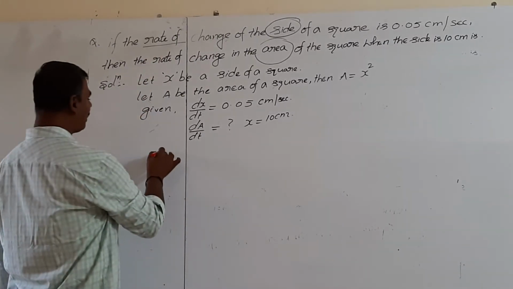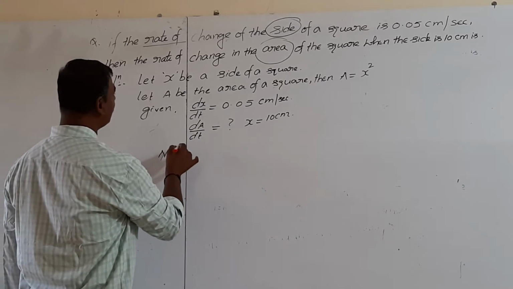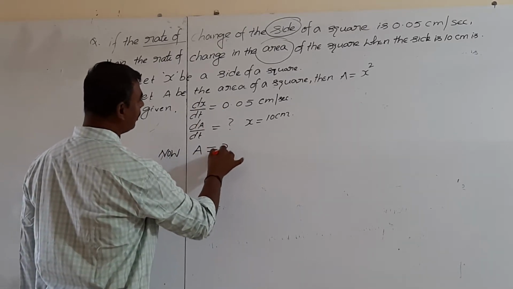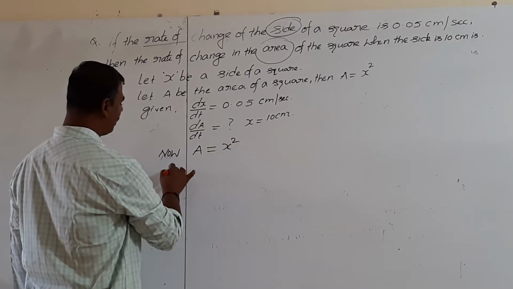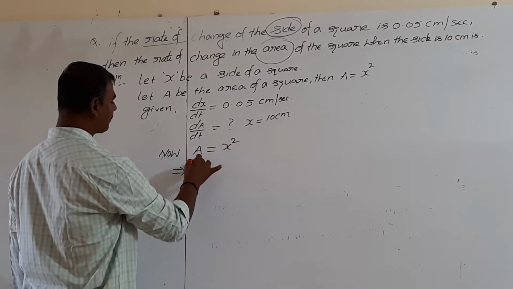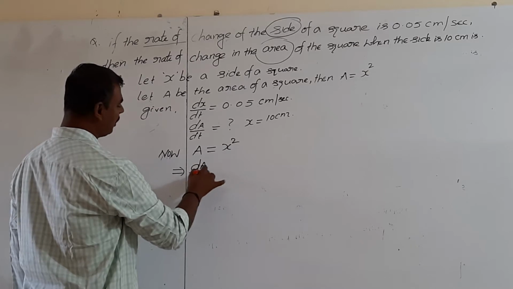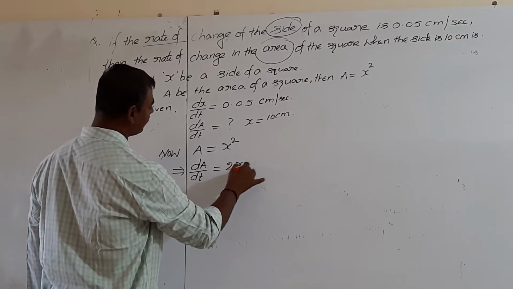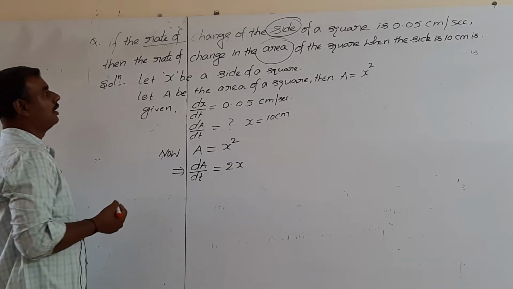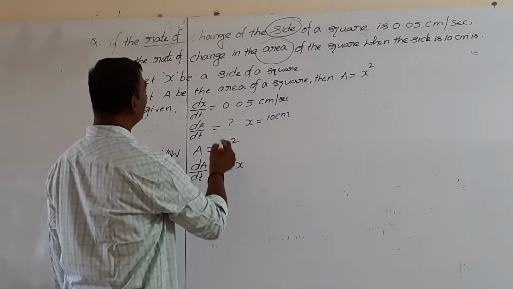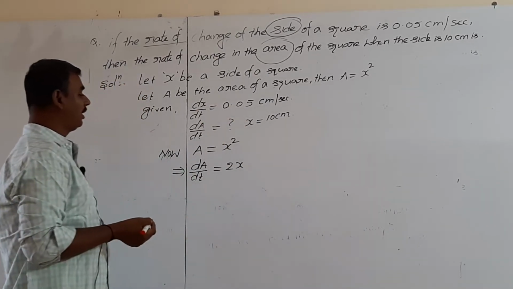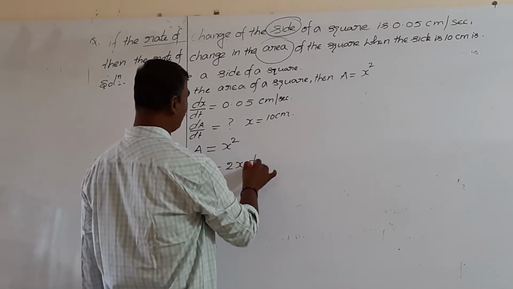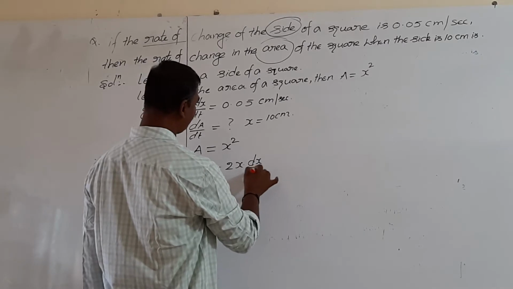Now we calculate the rate of change in area. Take the formula A is equal to x square. Differentiating with respect to time, dA by dt is equal to 2x into dx by dt.